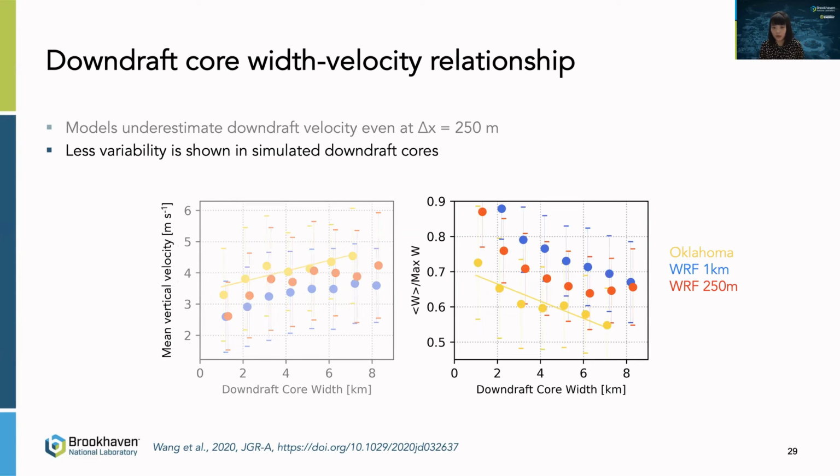And in terms of the shape of the core, again, we see improvement with the high resolution models, but we still simulate too little variability inside the core. So with these results, we know that even with the 250-meter run, we may need a higher resolution model to better resolve those downdraft structures.